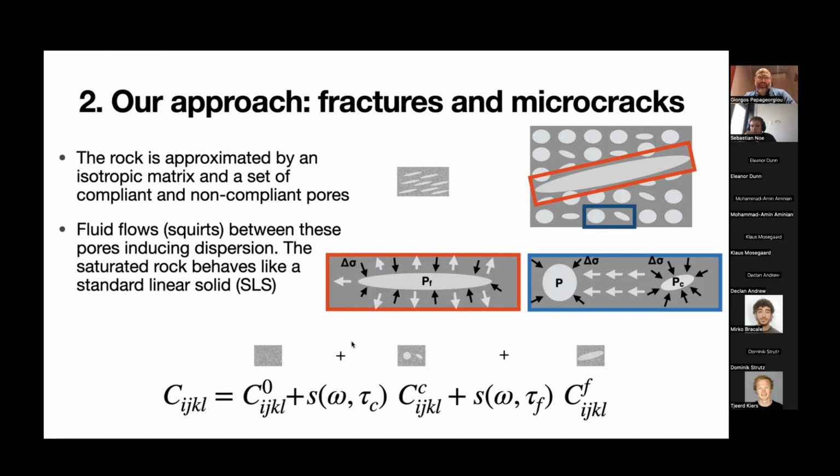You describe essentially the effective elastic constant of your overall medium with the elastic constant of your background matrix, and this is the Cij0 here that I have. And then you have some sort of activation function, and this activation function is what I call here a standard linear solid.